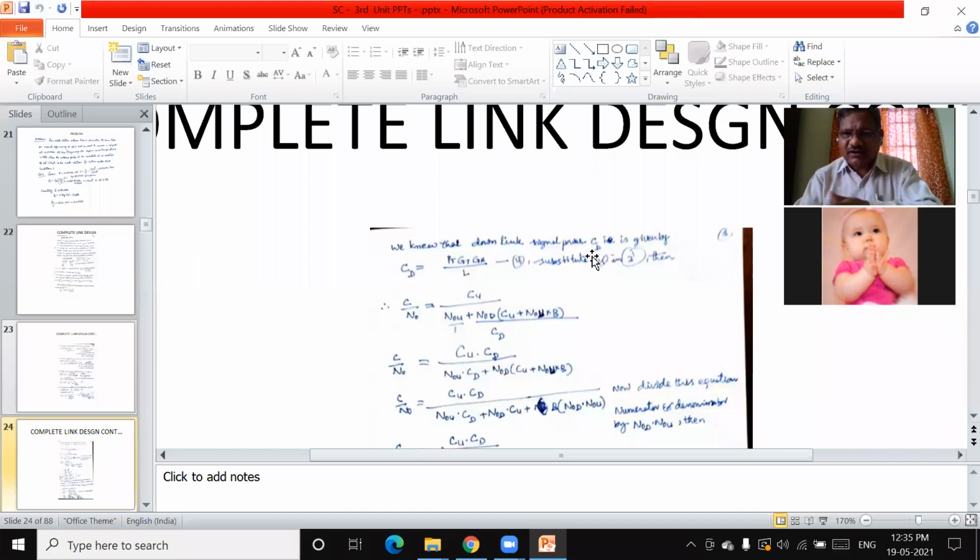C for carrier power or signal power, but in satellite communications, better you use carrier power. So we knew that downlink carrier power CD is given as PT GT GR by L. Downlink at the receiving earth station, the downlink carrier power is given as PT GT into GR by L. This is nothing but the CD.